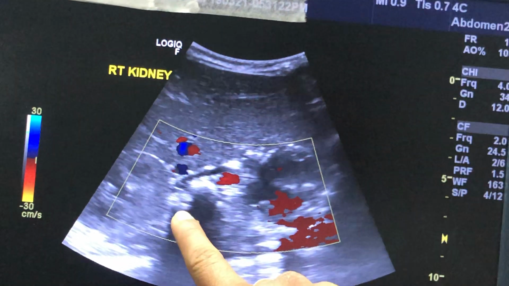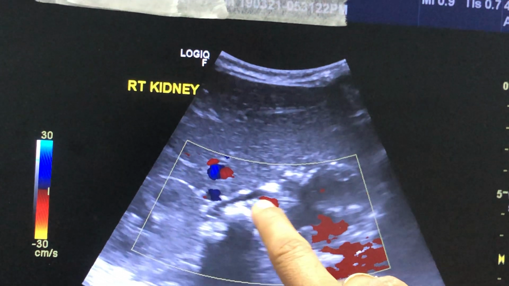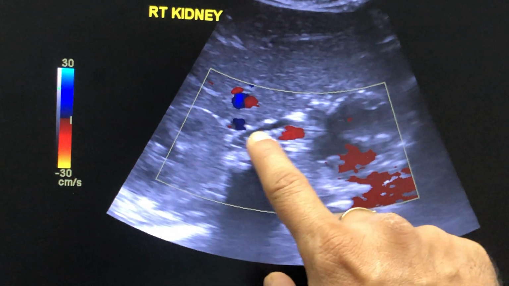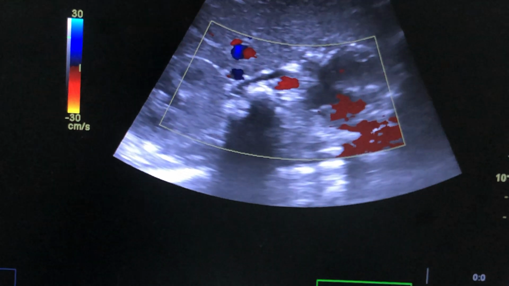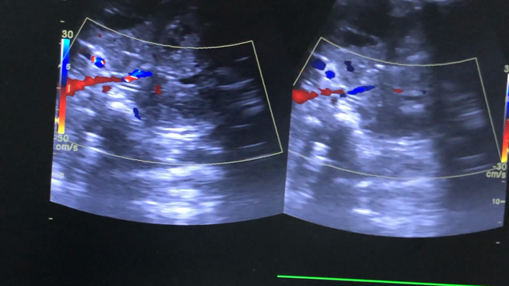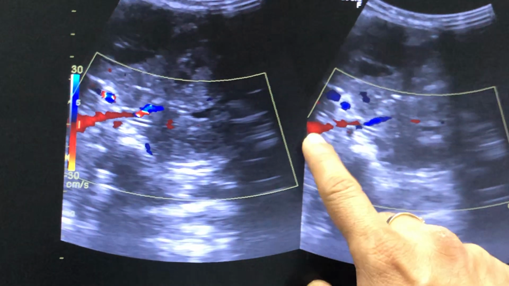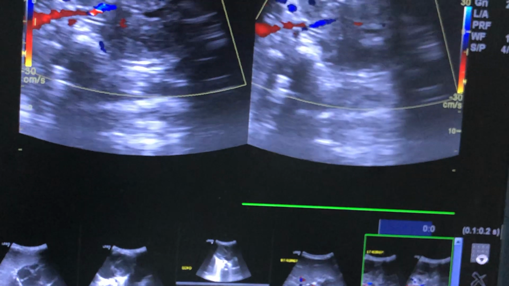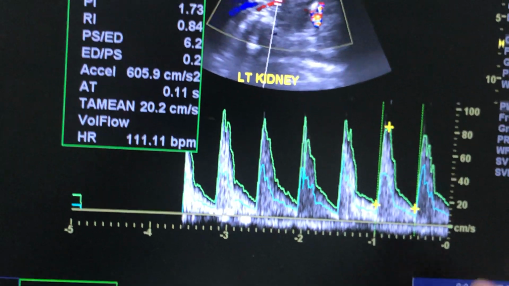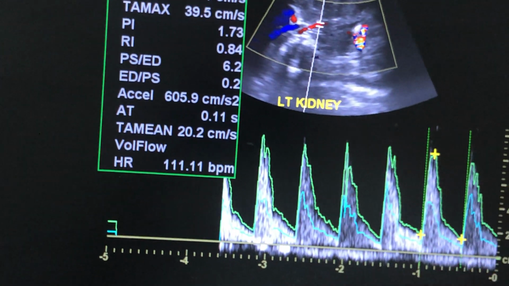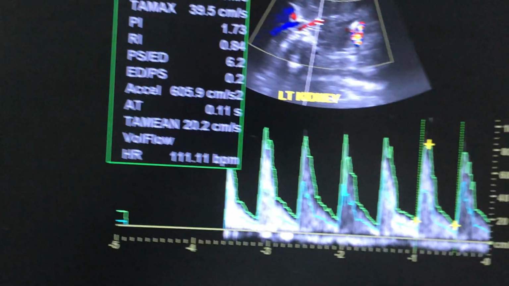And in this right kidney over here, I am suspecting that this is renal vein thrombosis, because it is not showing the color flow. Sometimes it used to show the color flow also. These are the very tall waves of the left kidney, high resistance 0.8.